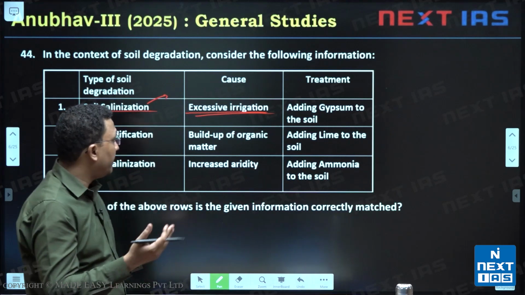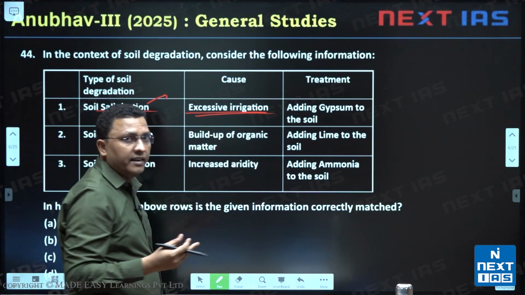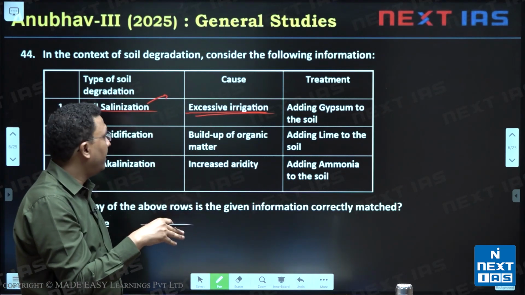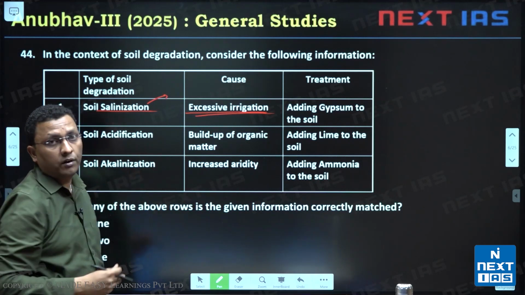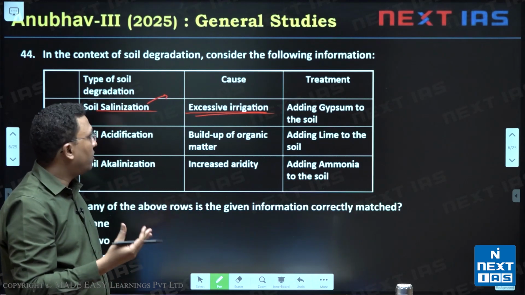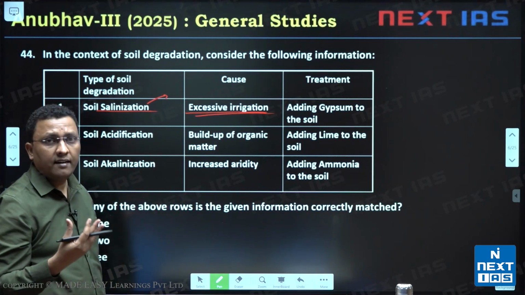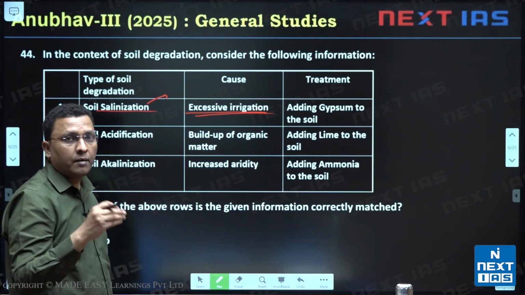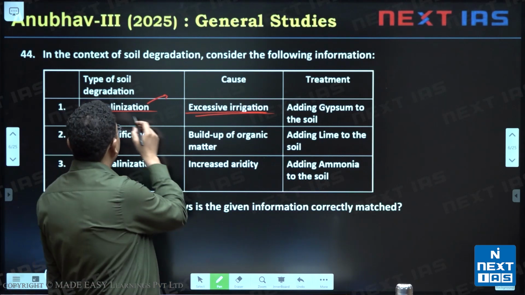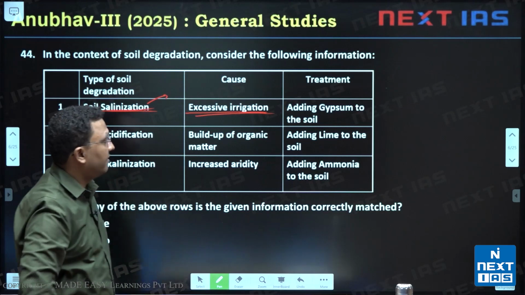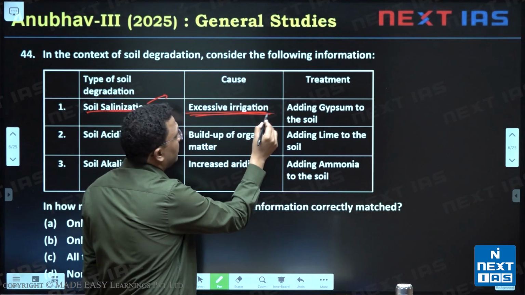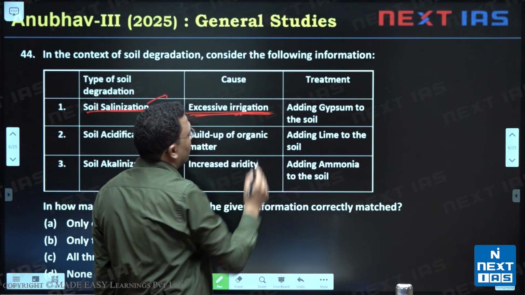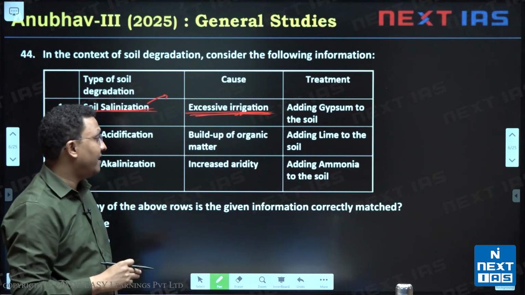But when the irrigation is excessive, salt comes to the soil and gets accumulated, because all of it does not get used by the plant and soil, and that's how soil salinization occurs. So excessive irrigation is one of the most prominent man-made causes of soil salinization.